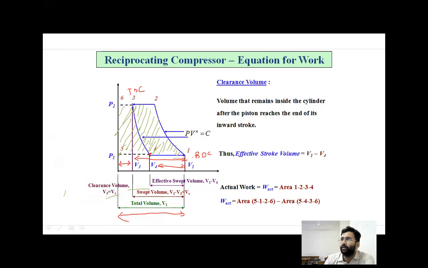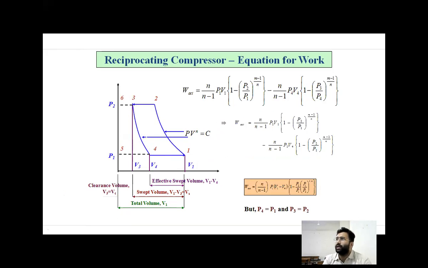So from this green area, we have to delete this orange area 5 to 4 to 3 to 6 to 5. So the remaining area will be this one. No need to show the hash lines; I was just showing them for understanding purposes.